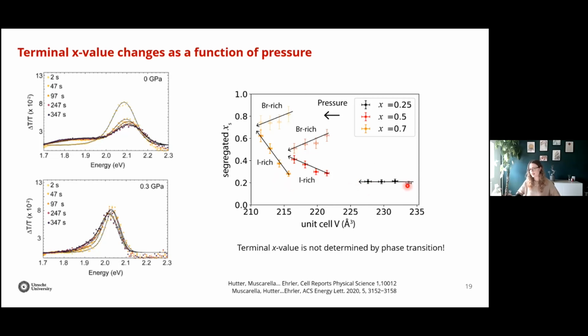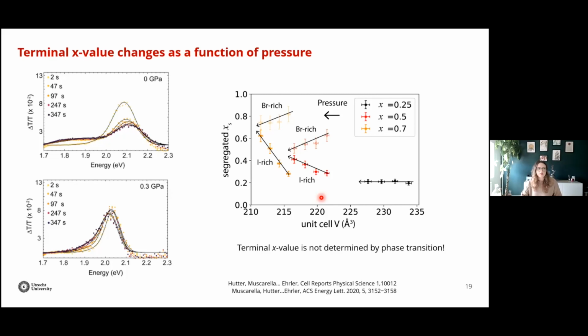And here you see that immediately after the first data point, so at the first accessible pressure, we don't have any more change, meaning that it's fully stable. So from this, clearly, the phase transition is not the reason for phase segregation, because the system is still in the cubic phase, but still we have a suppression of this process.